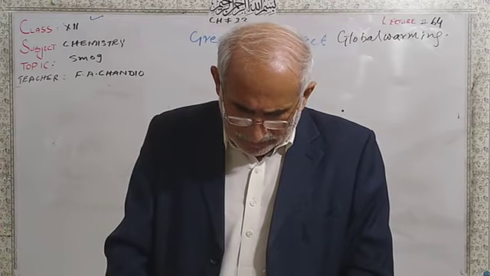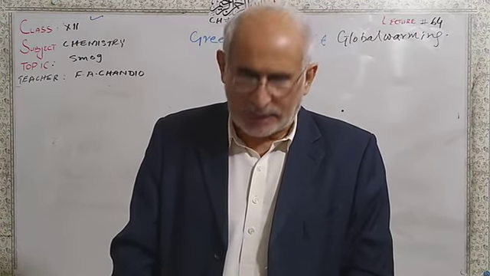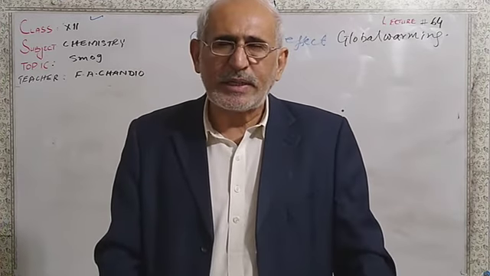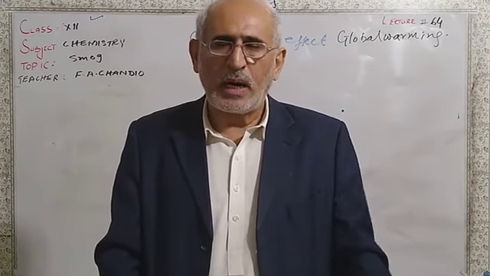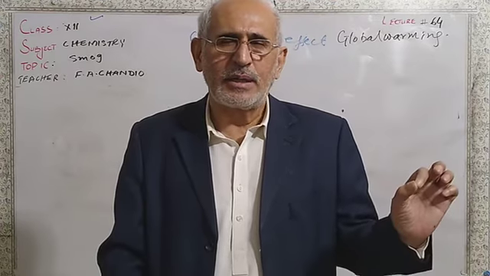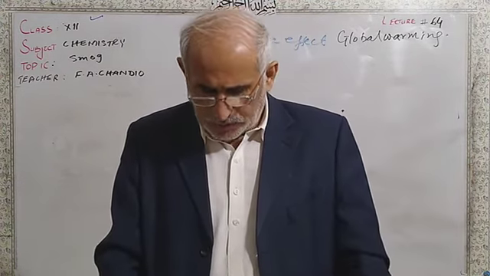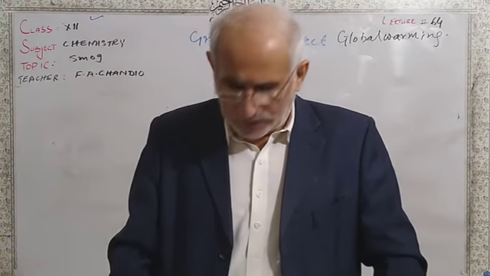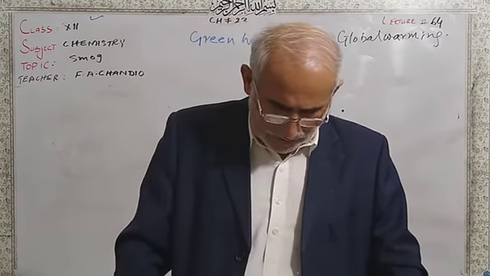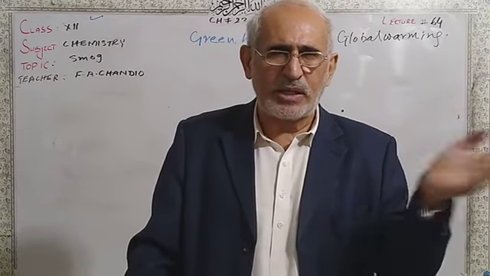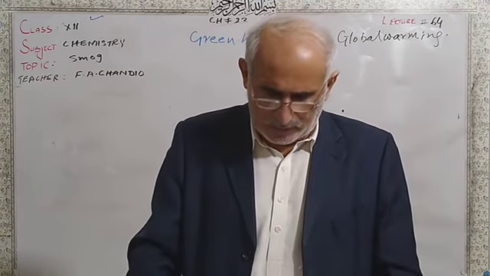regarding global warming, the concentration of carbon dioxide gas in the atmosphere must be low, 330 ppm, parts per million. This is a small concentration, not lower than 330 ppm, but it is increasing day by day. Millions and trillions of tons of carbon dioxide are released day by day.